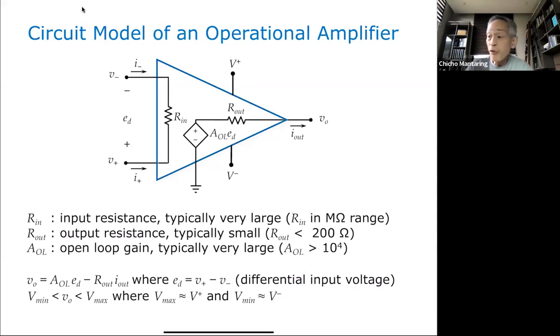So your V sub O will usually fall between two limits, a maximum positive value and a minimum negative value. And those limits, again, are dictated by V plus and V minus.